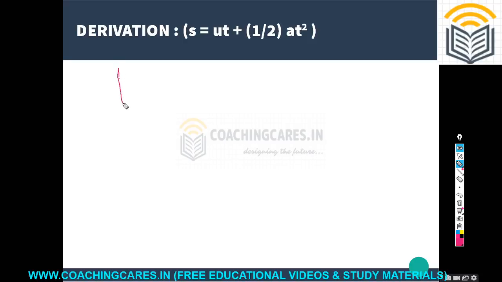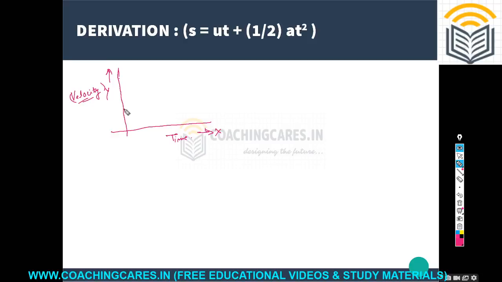This is the y-axis, this is the x-axis. Time is taken along the x-axis, and velocity is taken along the y-axis.